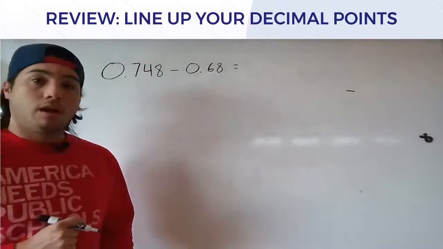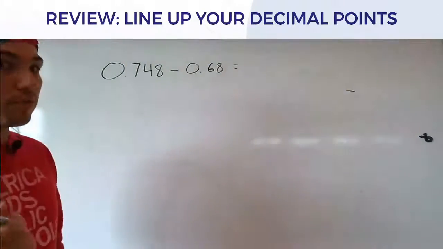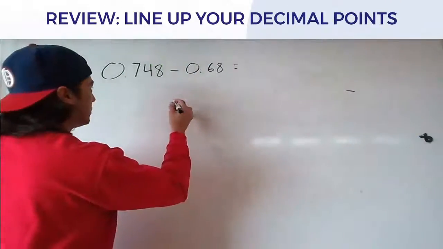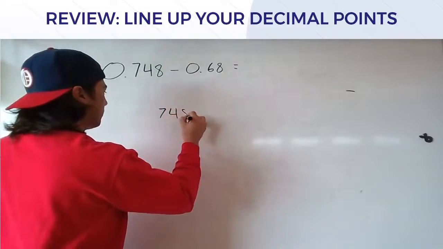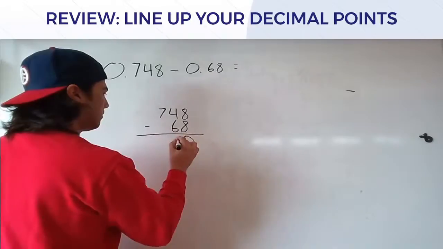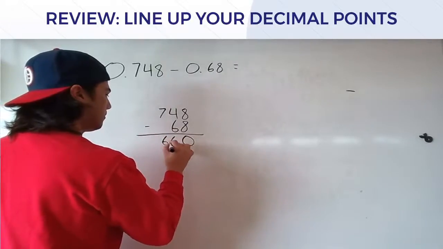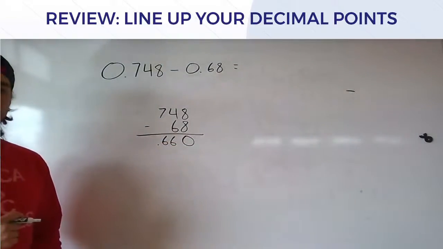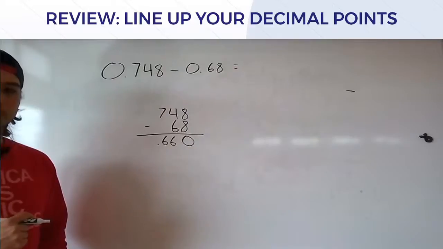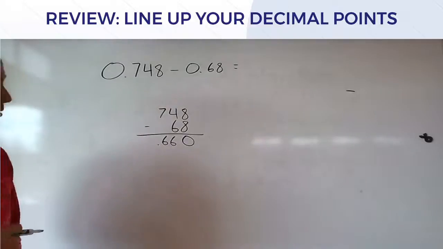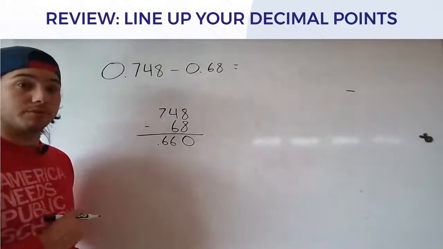Okay. If I were to give this on an exit ticket, I would probably see at least one answer that looks like this. Of 66 hundredths, essentially treating them like whole numbers.